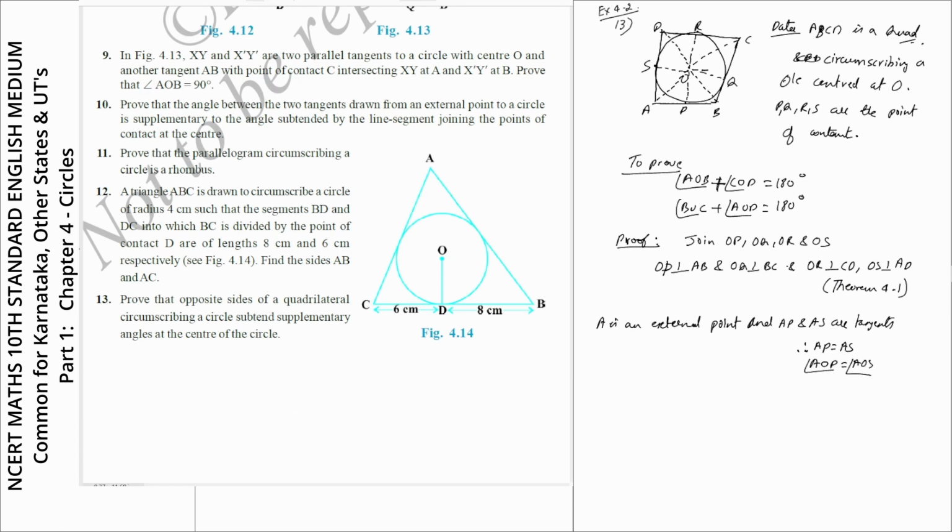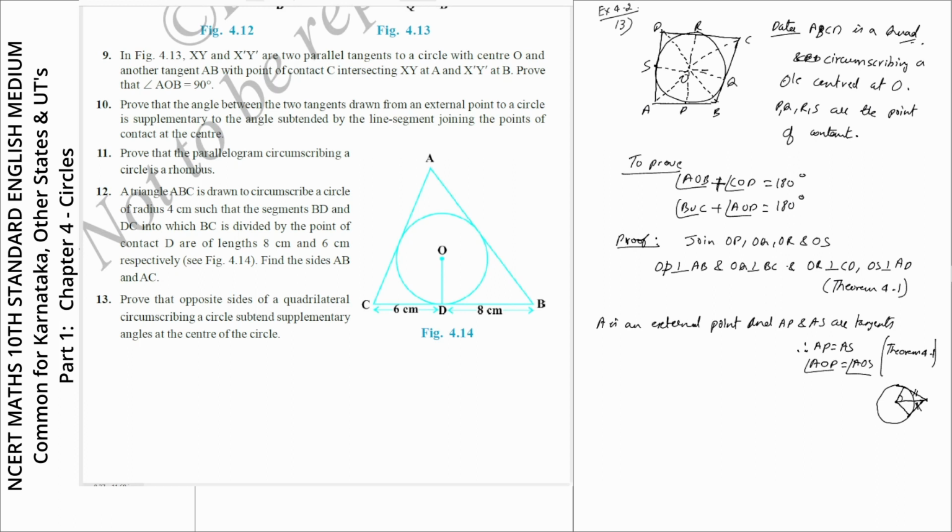According to what theorem 4.2 says, if you draw two tangents to a circle from an external point, then those two tangents will be equal, and also the line connecting the center and the external point divides the angle equally.